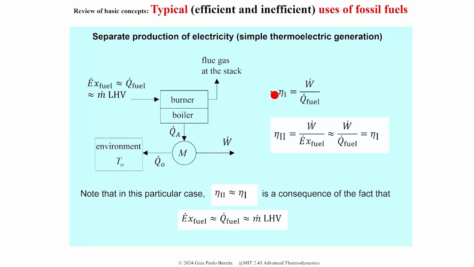Okay. First law efficiency here, we have only one product whose energy content is W, and only one energy source, which is the fuel, whose energy content is Q. So that's the first law efficiency.